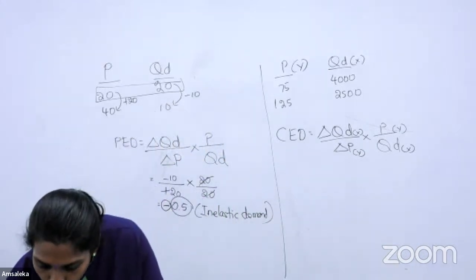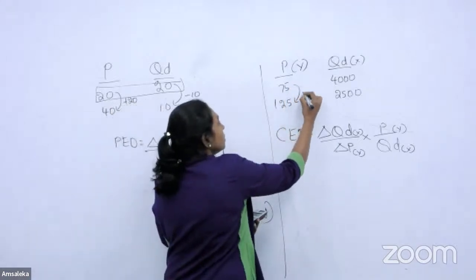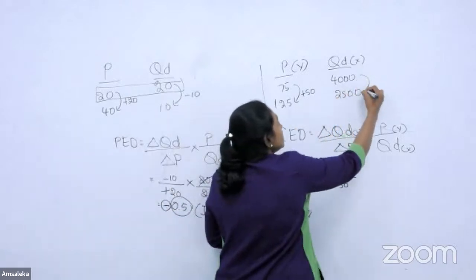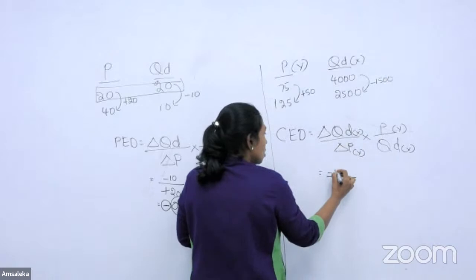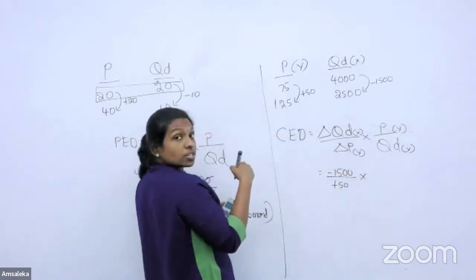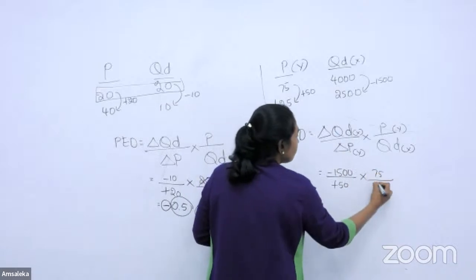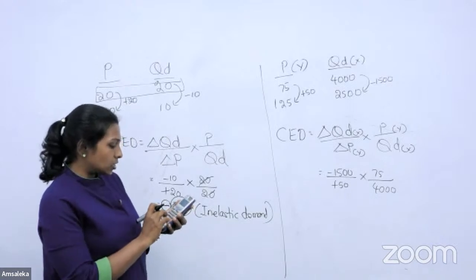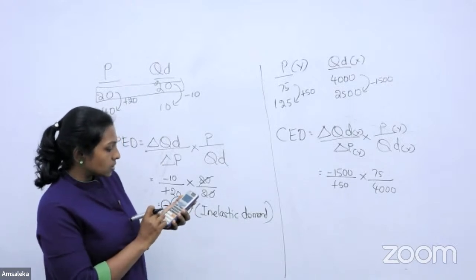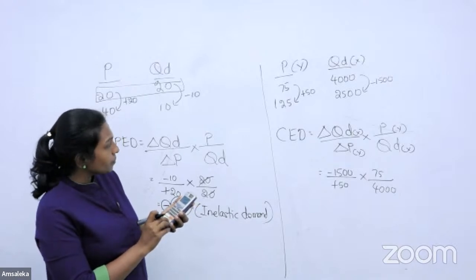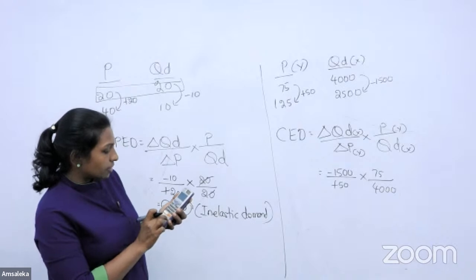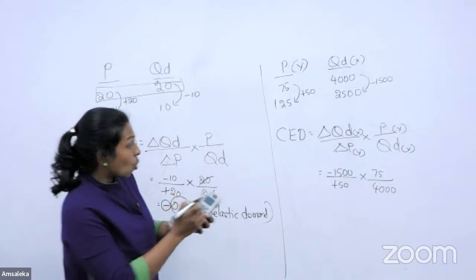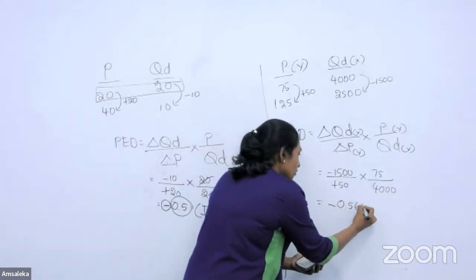Now, what is the change here? Plus 50, so the price change is plus 50. The quantity change is minus 1,500. The particular price is 75 and the quantity is 4,000. So the answer is minus 1,500 divided by 50, into 75 divided by 4,000, which is minus 0.5625.